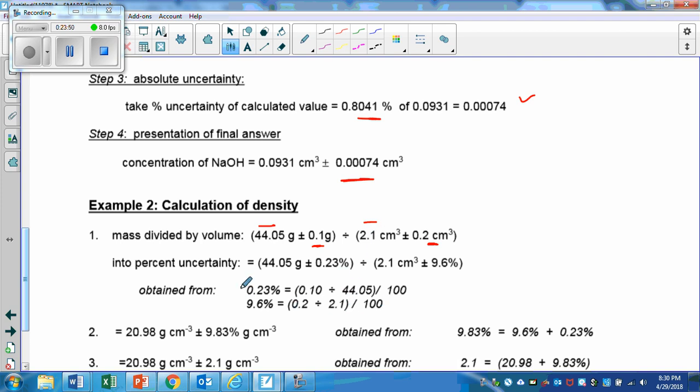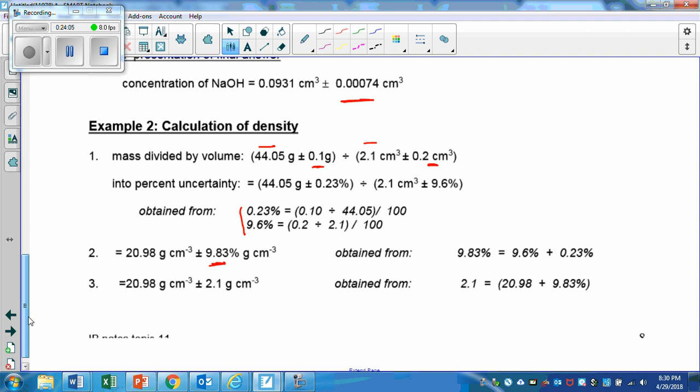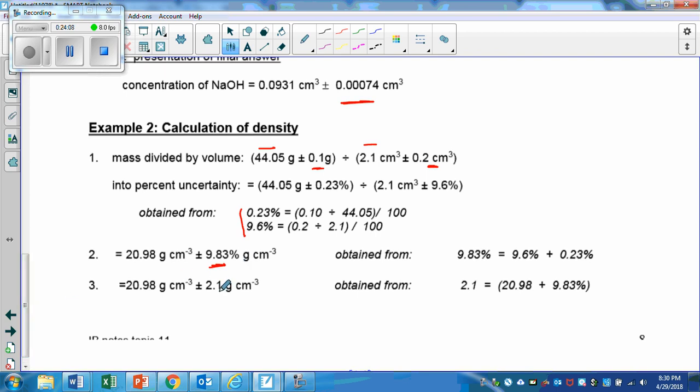So these are the percentage uncertainties. I will add the percentage uncertainties. So when I add them together, I get this. This is my percentage uncertainty, and then I will convert it back into the absolute uncertainty.